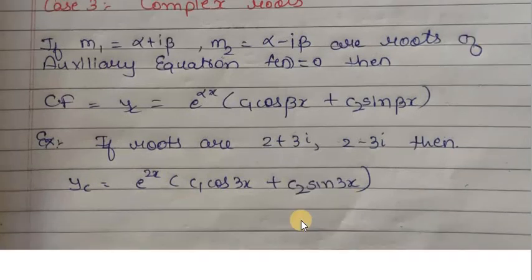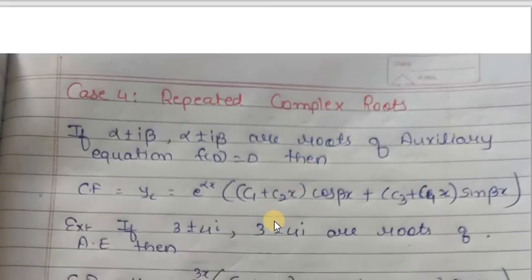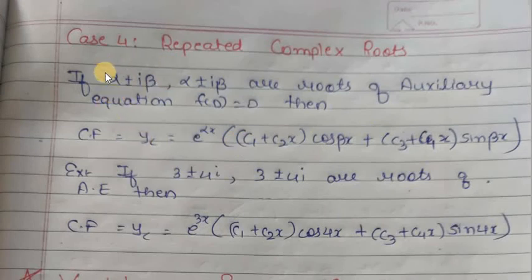Okay. Now we will discuss the last case, that is case number 4, that is repeated complex roots. If alpha plus minus i beta, alpha plus minus i beta, are the roots of the auxiliary equation, function of D equals to 0, right? So here complex roots are repeated.